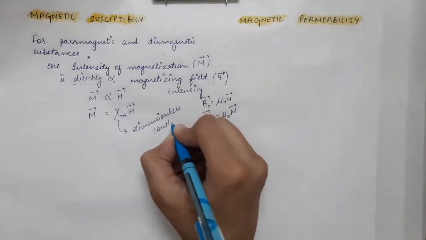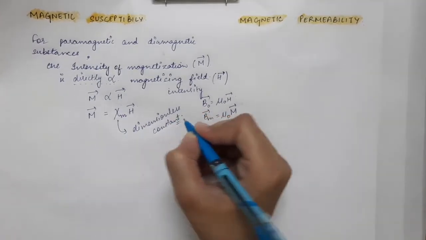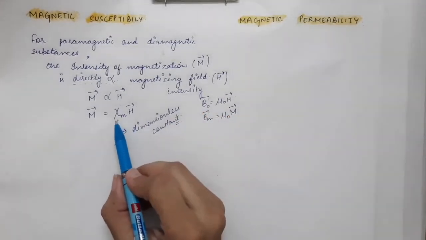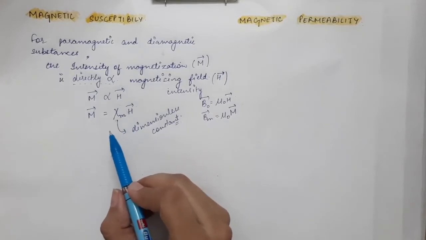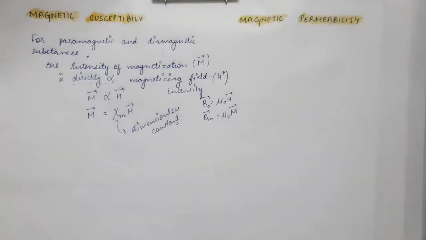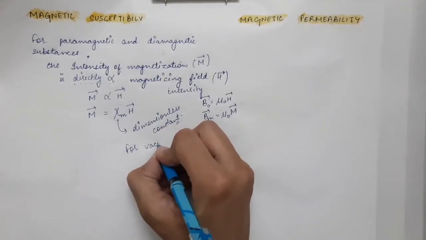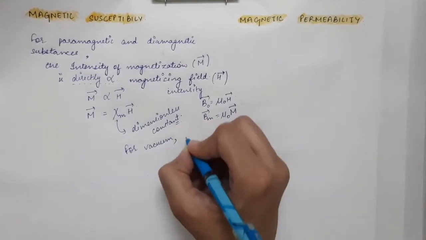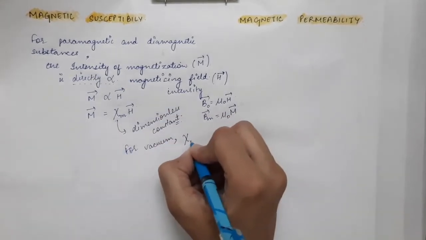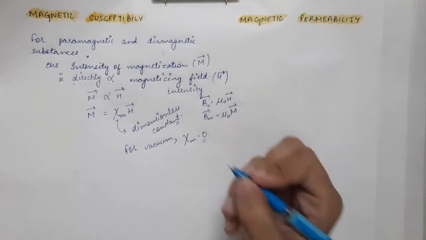So it is a constant for a particular material and it does not have any unit. Now for the case of vacuum, the magnetic susceptibility is equal to 0.